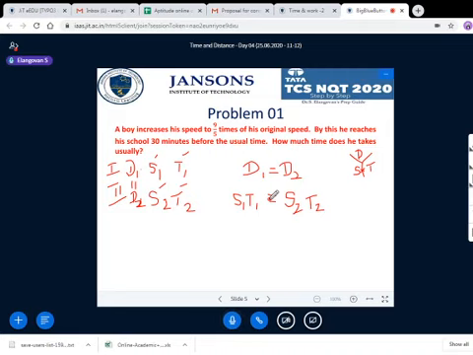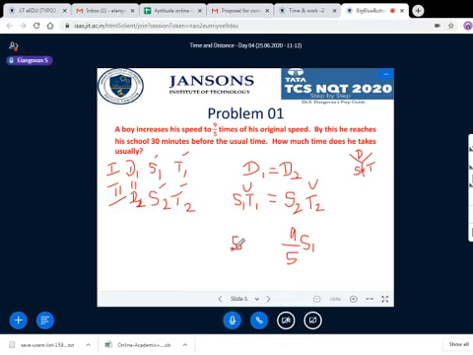This is the basic idea behind solving any problem in speed, time and distance. Let me take the first case as usual, and the second as the varied, changed thing. Boy increases his speed. If the usual speed is S1, then S2 is 9 by 5 of S1. Can I write like this?